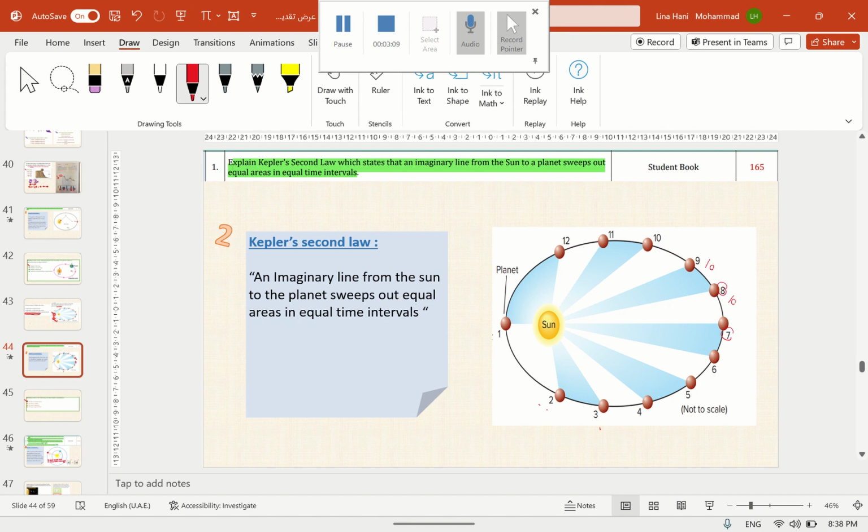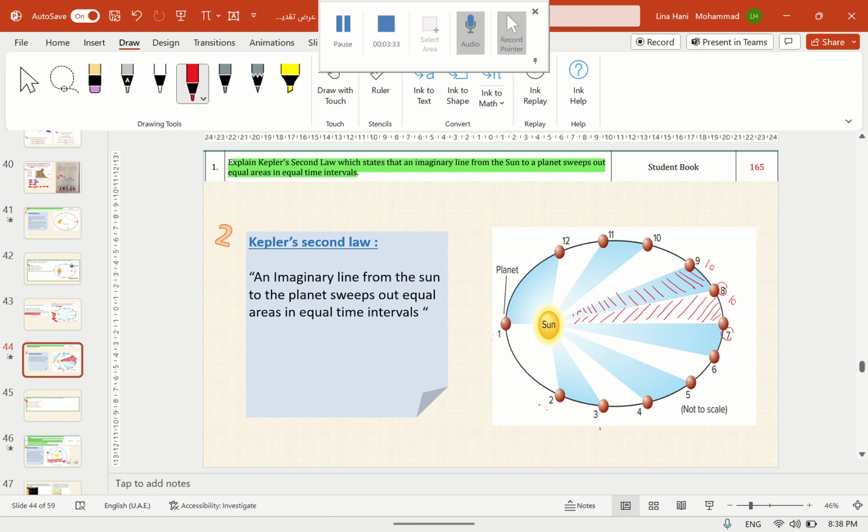It also takes 10 days to go from point 8 to point 9. If we draw a line that goes from the planet to the sun, the area that the planet has swept is equal to this area right here. So it sweeps out equal areas in equal time intervals.